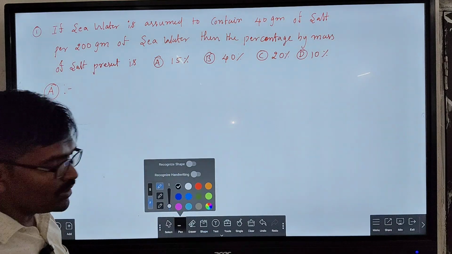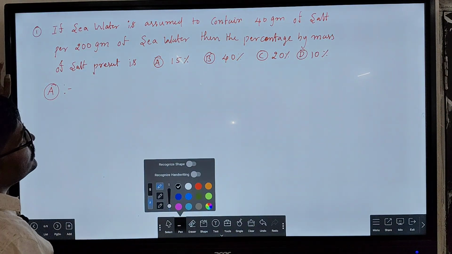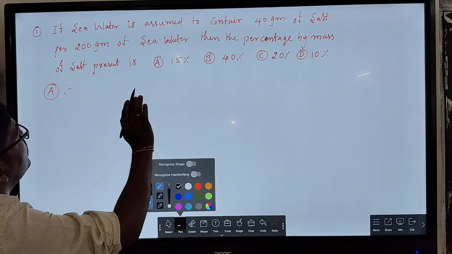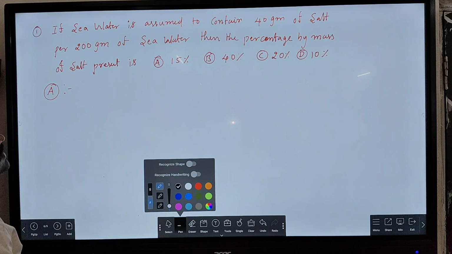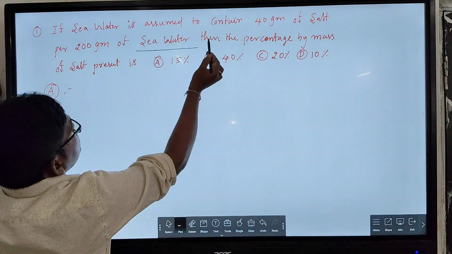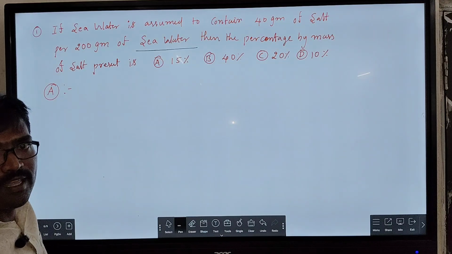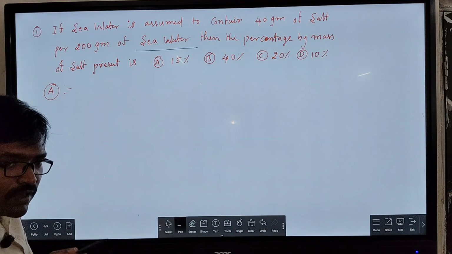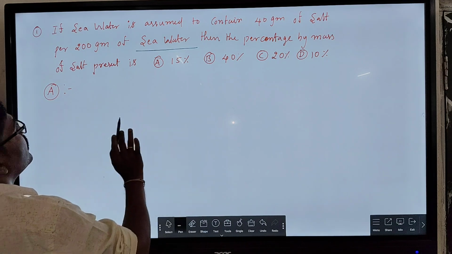So salt percentage you have to find out. Seawater nothing but it is a solution weight.